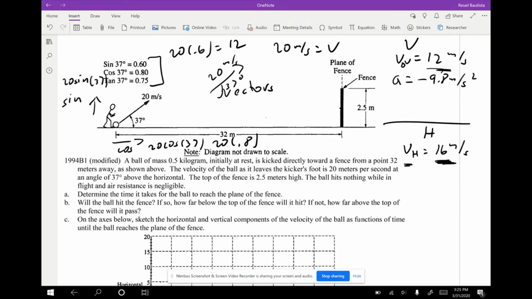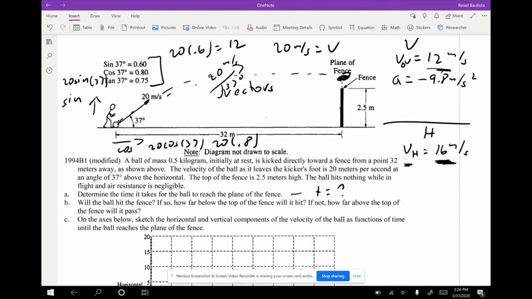Yeah. So we could use horizontal motion. We probably should use horizontal motion, because we know a lot about it horizontally. By the time the ball reaches the fence, and this is only horizontally, so I'm going to put change of x horizontally, we know that the object is going to travel 32 meters.